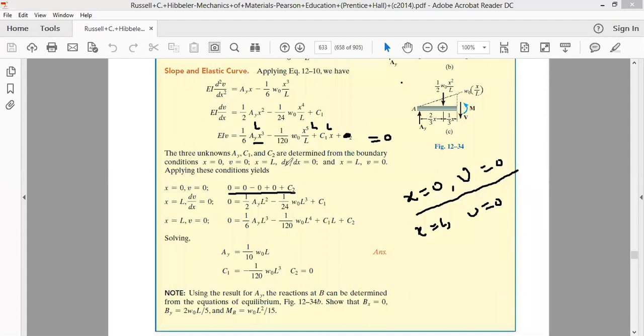Okay, so from this equation, since our C2 is already equal to 0, we can get the value of C1. And the value of C1 will be this. Okay, this is the value for C1.